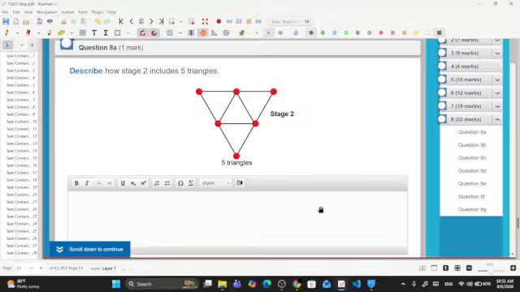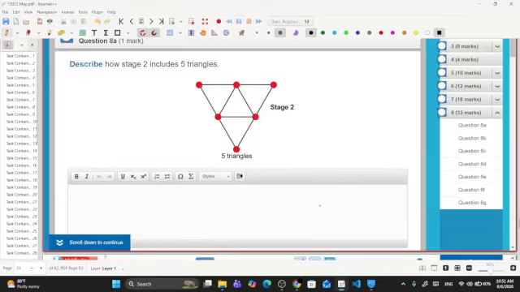So for the description of it, we can say that there are 4 internal congruent triangles and one large outer triangle.